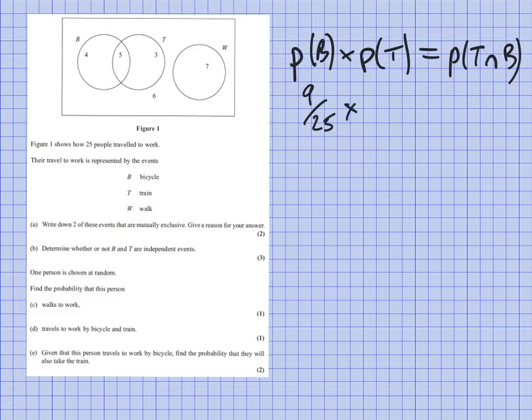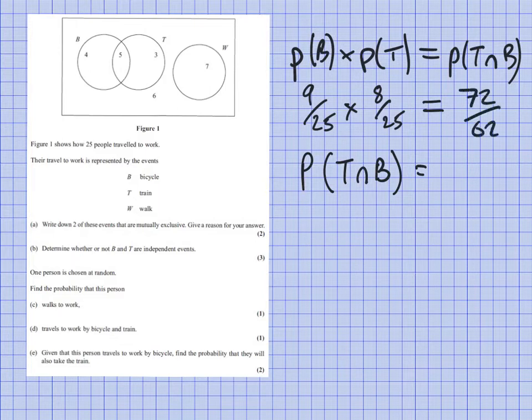There are 8 people who take the train, and the probability that they do both is 5 out of 25. 9 over 25 times 8 over 25 is 72 over 625, which is not the same as 5 over 25, which is a fifth. Therefore, they are not independent.